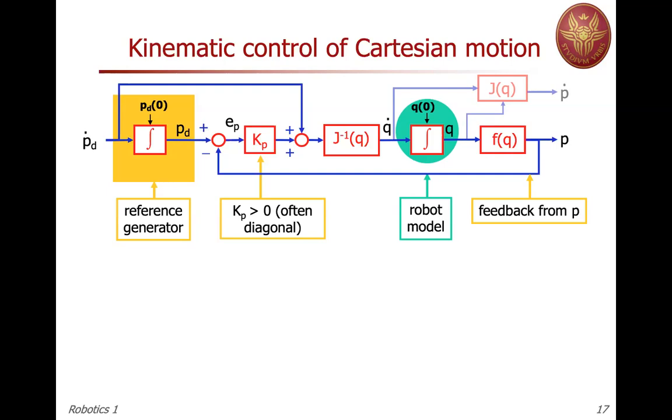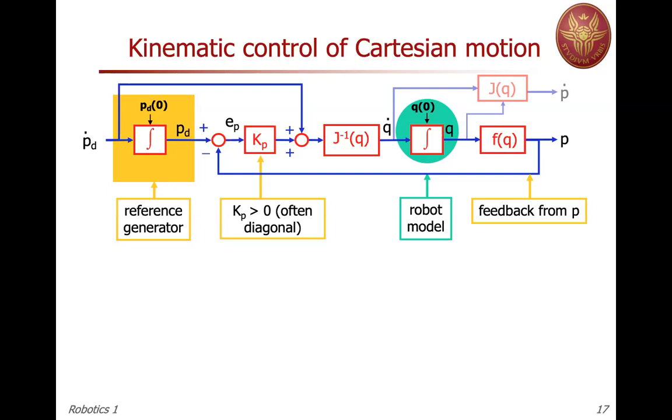If it's diagonal, this means that all the elements on the diagonal are positive. Plus, you're using a feed forward, which is now the velocity in the Cartesian space, exactly like before. So feed forward plus feedback. But both the feed forward and the feedback are objects that live in the Cartesian space, and in fact, you react to an error in the Cartesian space.